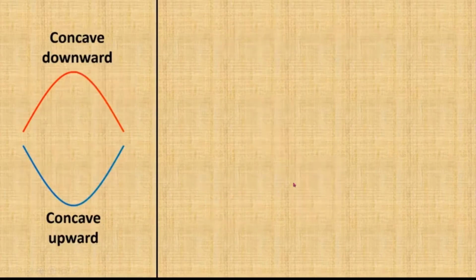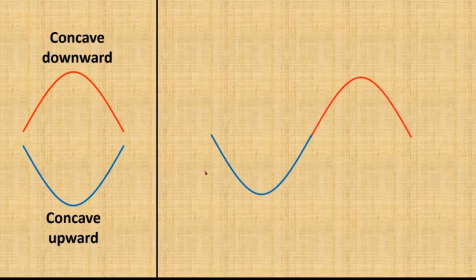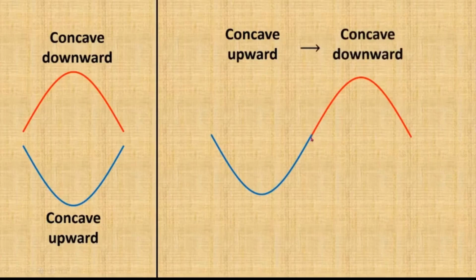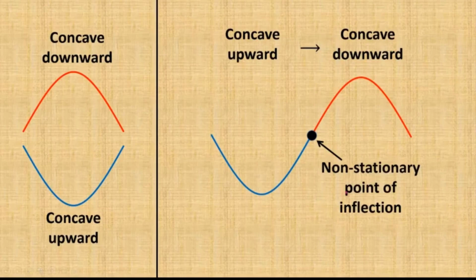Then another example. Just now was downward changing to upward. Now this one is upward changing to downward. This is the connection point at the end here. So this one is upward changing to downward at this point. So this is a non-stationary point of inflection.